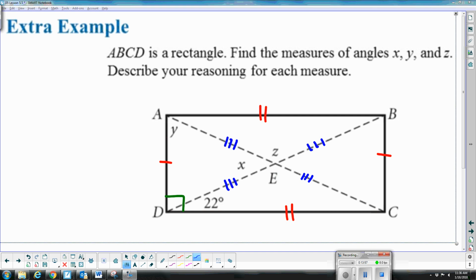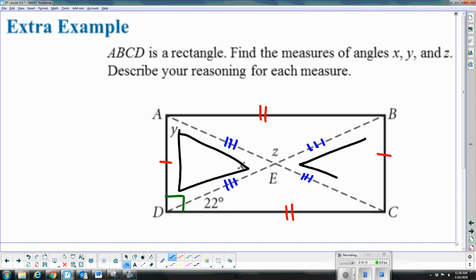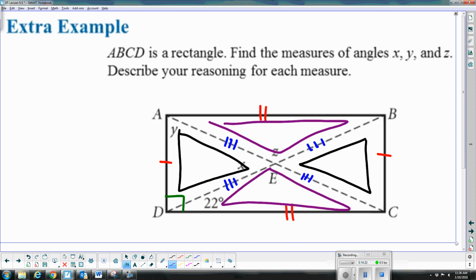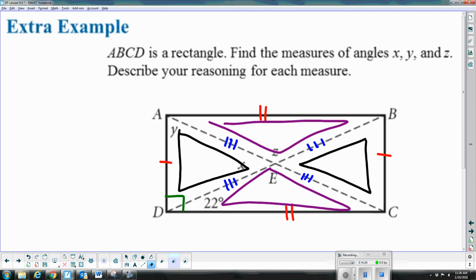So now if you look at your diagram, you have 4 isosceles triangles. 2 of them are congruent from side, side, side, and the other 2 are congruent from side, side, side. So this first triangle and this triangle are congruent. This triangle and this triangle are congruent.